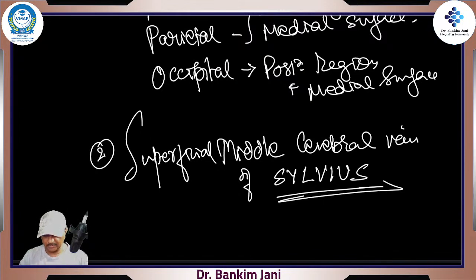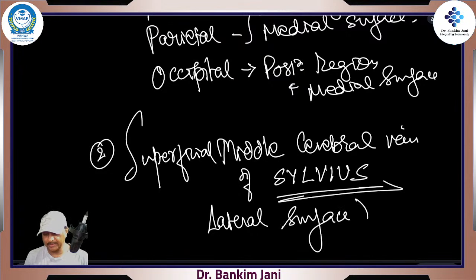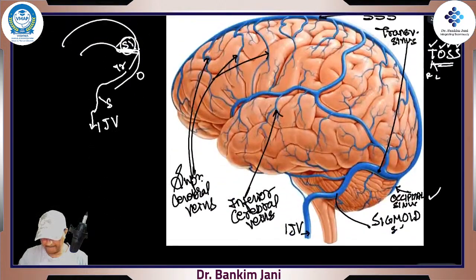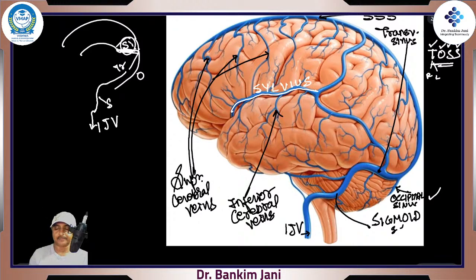Its situation is lateral, so it takes care of the lateral surface. Here it is. So I'll just write over here Sylvius, superficial, and it is the middle cerebral vein.